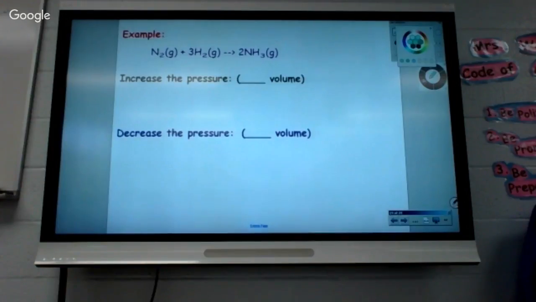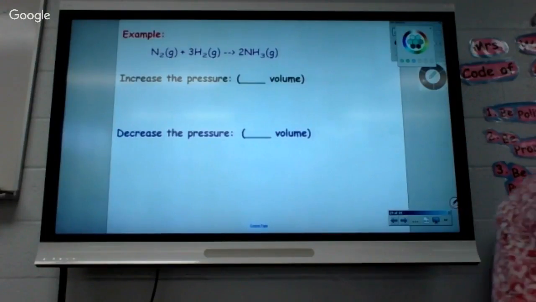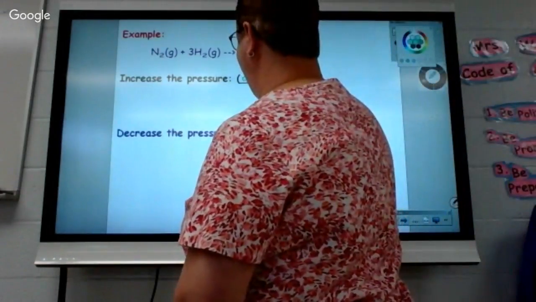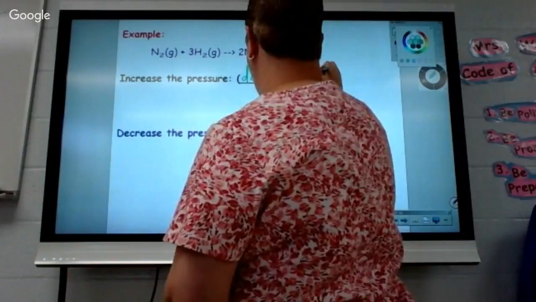I can't change the pressure on various compounds any other way. Now, notice in parentheses I put volume there. If I increase the pressure, that's the same as doing what to the volume? Increasing it or decreasing it? Decrease.